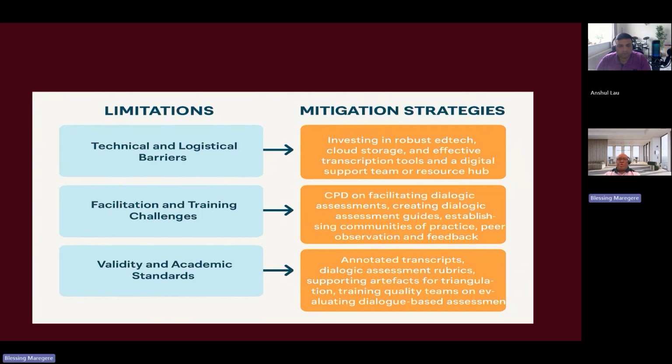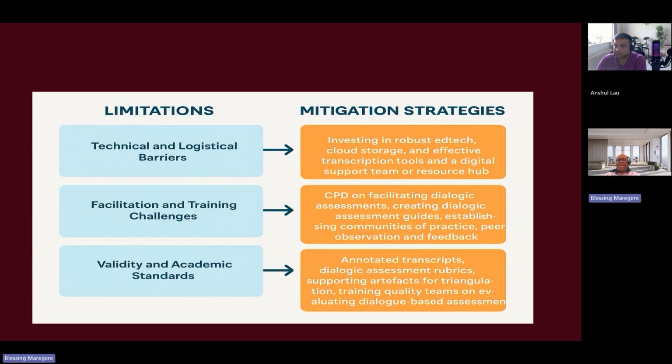Encourage learners to use supporting evidence or supplementary evidence as well. Sometimes the audio recordings or the discussions is not enough. They need to provide artifacts to be able to triangulate their learning, their evidencing of their learning as well, which will help with the validity and the quality standards as well.